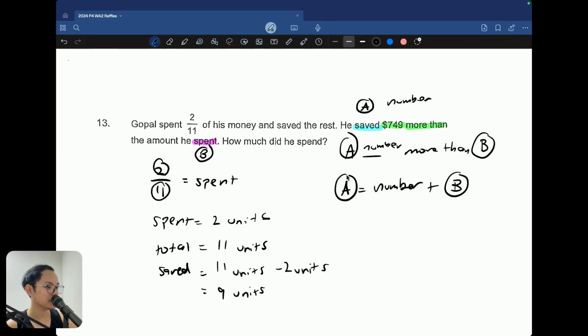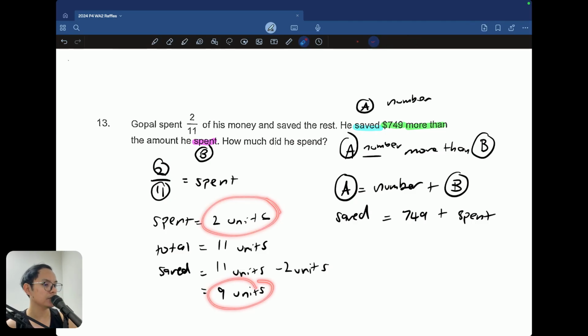Okay, in this case, as A is saved, equal, what's the number? 749. Then more than is plus, B is what? Spent. And then we know that saved over here is 9 units and spent over here is 2 units.